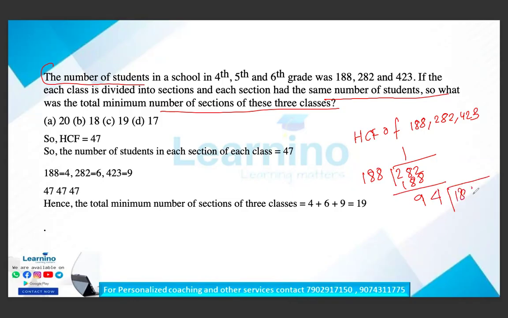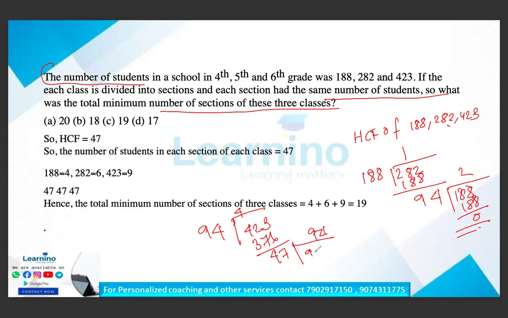Divide 188 by 94. Then divide 423 by 94, we will get 376, so 47 will be the remainder. Divide this 94 by 47, we will get 47 as the HCF. So the HCF is 47.